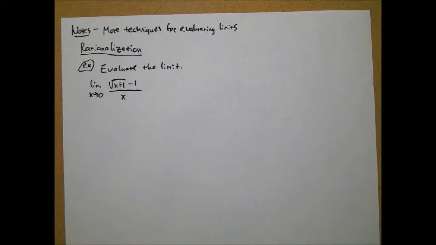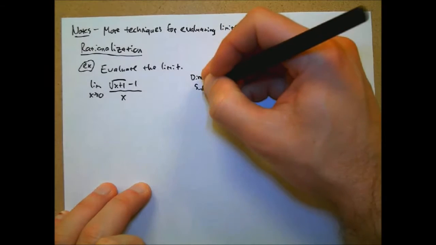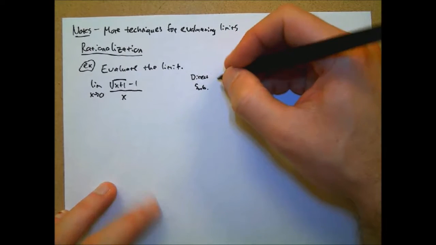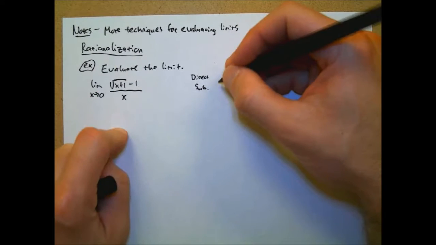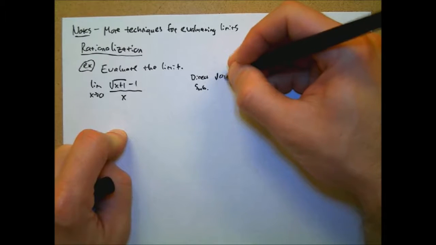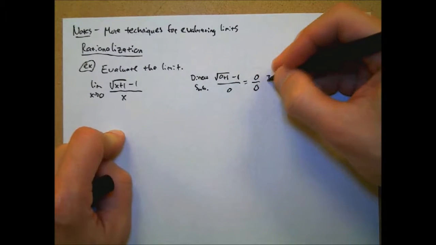If we try a direct substitution at this point, what will result? Not just dividing by 0, we'll also get 0 in the numerator as well. We'll get 0 plus 1, which is 1. Square root of 1 is 1. Minus 1 will be 0. So if we try direct substitution, we get 0 plus 1 minus 1 over 0, which is 0 over 0, indeterminate.